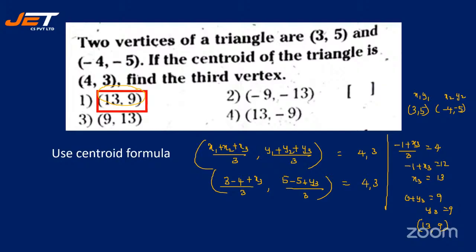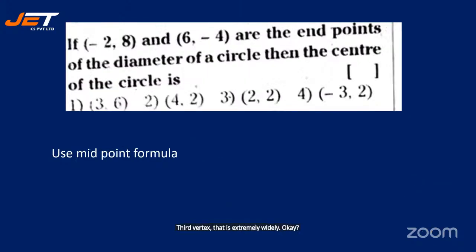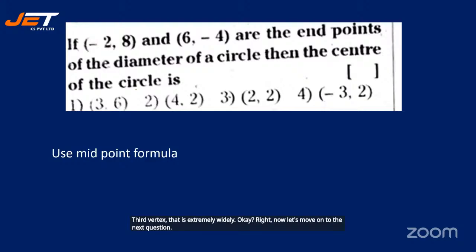We are only taking the centroid, adding up, right? We don't know the third vertex, but the centroid is given. So using that, we are finding out the third vertex, that is x3, y3. Okay. Right. Now let's move on to the next question.